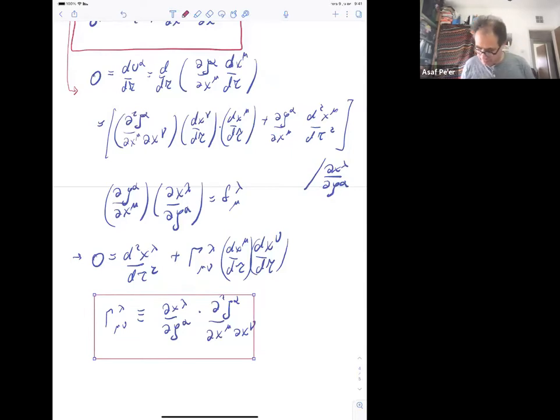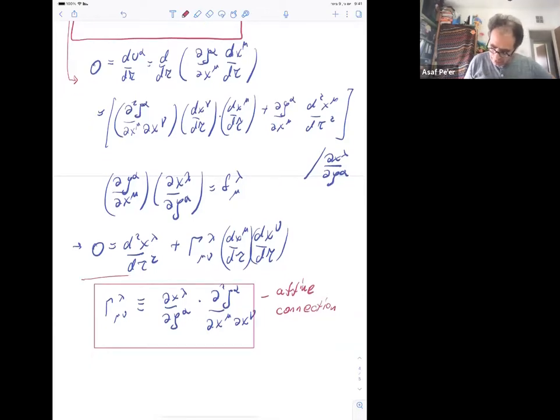It's quite an ugly term that appears from this coordinate transformation. But it's quite an important term, so it has its own name. It's called the affine connection. And using the affine connection, we can take this equation of motion.